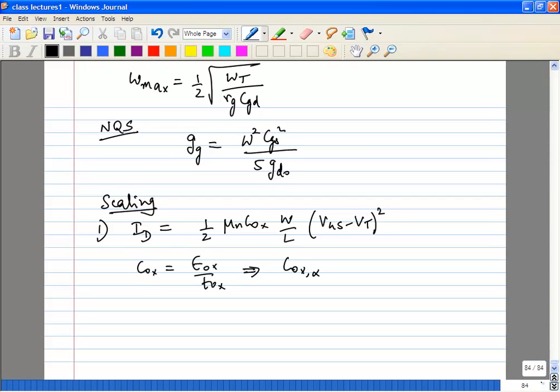Remember, your dimensions go down by alpha, so your Tox becomes Tox over alpha. So your Cox actually goes up by alpha times the old Cox. In general, most of the capacitances go up by alpha because you are changing the dimensions.